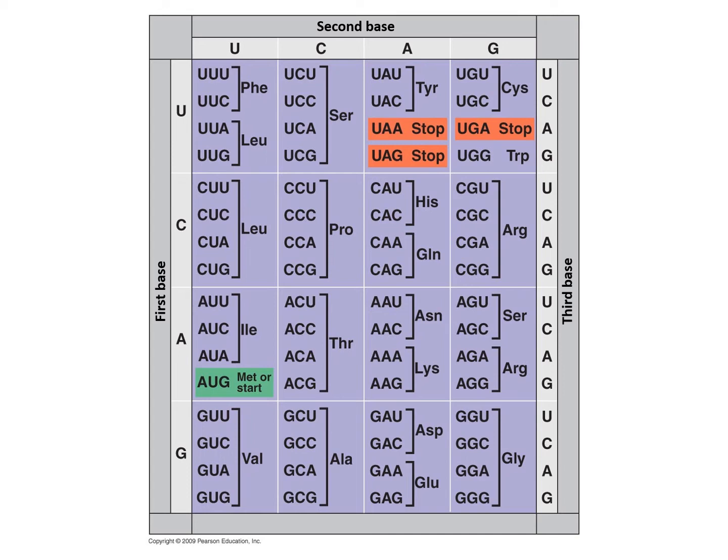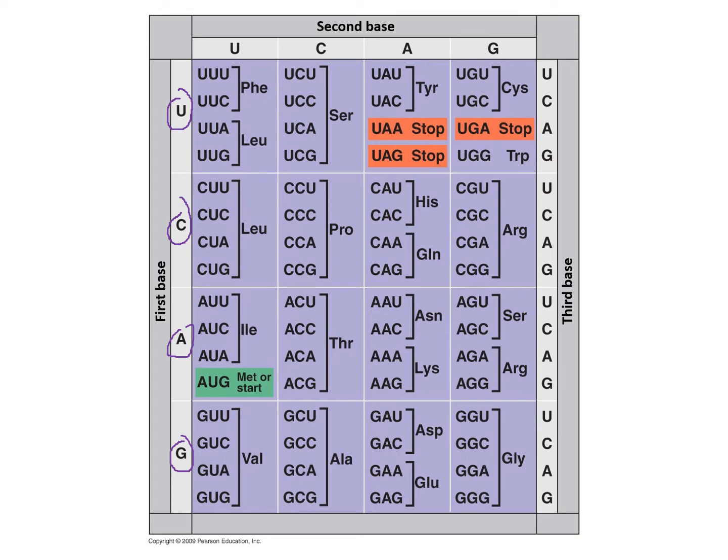Let's use purple for fun. Okay, so if you look up here, the first base is on this code here. You have either U, C, A, or G, whatever your first base is. So for instance, with CUU, the first base is C. It brings you into this area between these boxes.